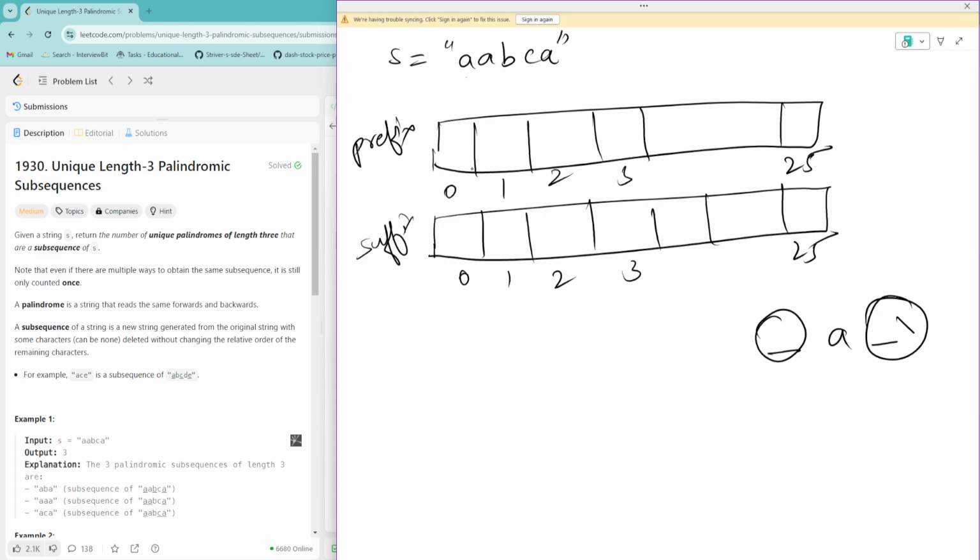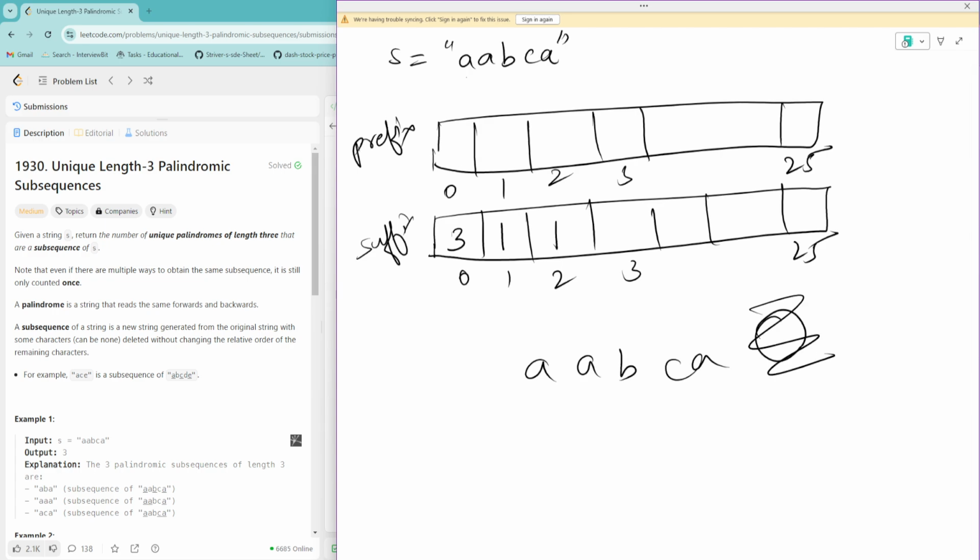A is represented by 0, and its count would be 3. B is represented by 1, and its count would be 1. C is represented by 2, and its count would be 1. Okay. The prefix counts would all be 0.